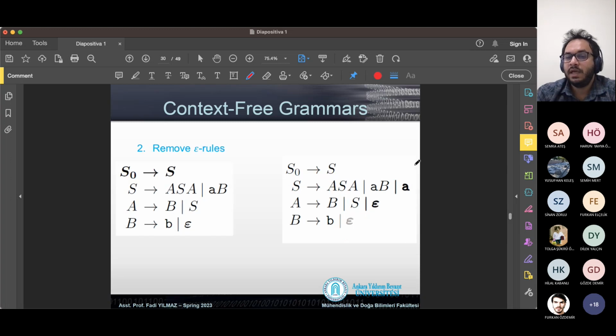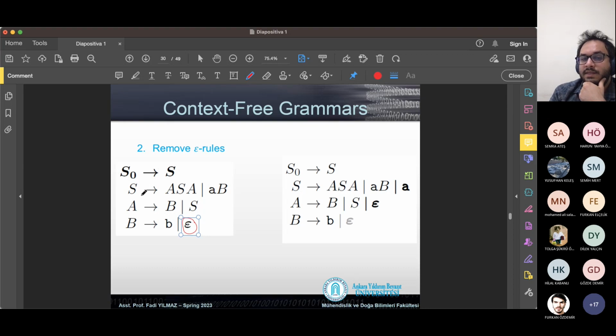Second, you have to remove the epsilon rules. But by removing the epsilon rules, you have to add those rules to related places. For example, you would like to get rid of the rule B can be epsilon, the empty string. So you have to replace all the B with epsilon as well.